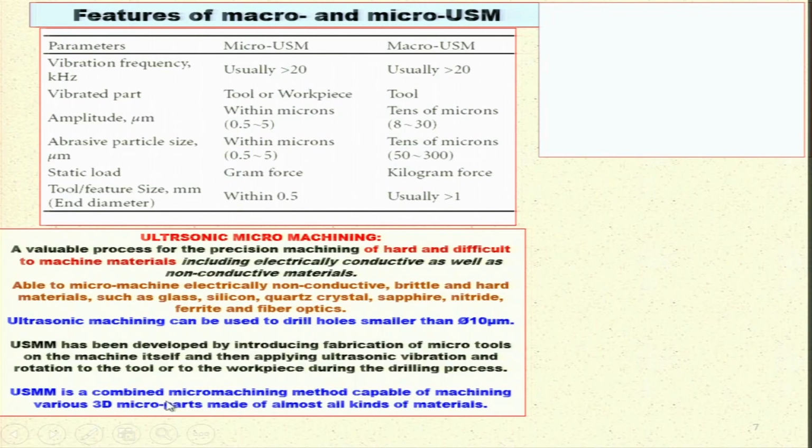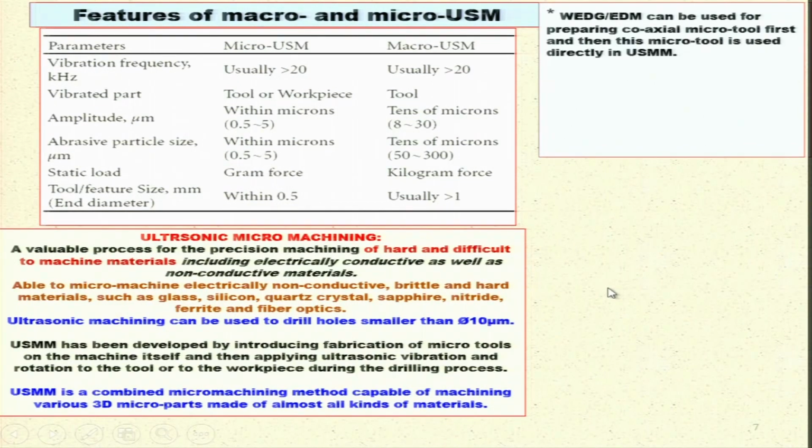Ultrasonic micromachining is a combined micromachining method capable of machining various 3D microparts made of almost all kinds of material. That material restriction we have already seen. There is hardly any material restriction as far as thermal and electrical conductivity are concerned.